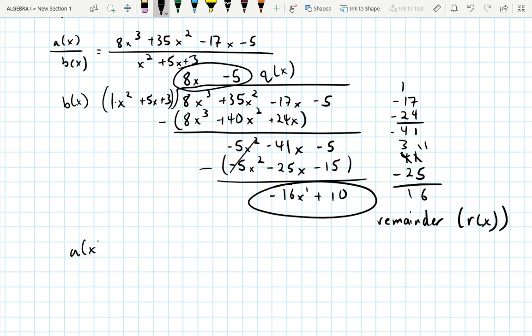So a of x over b of x is equal to the quotient, which is 8x minus 5, plus negative 16x plus 10 over x squared plus 5x plus 3.